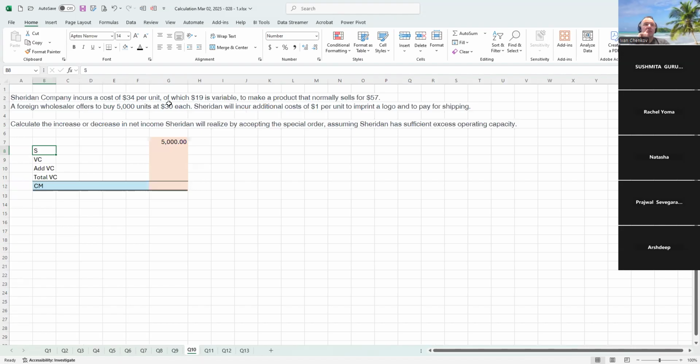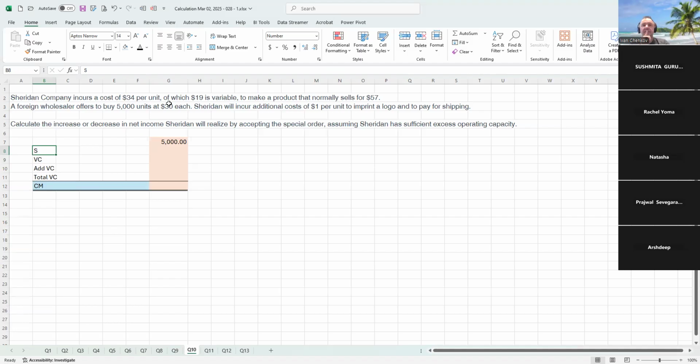A wholesaler offered to buy 5,000 units at $30 each. This company will have an additional cost of $1 to imprint a logo and pay for the shipping.